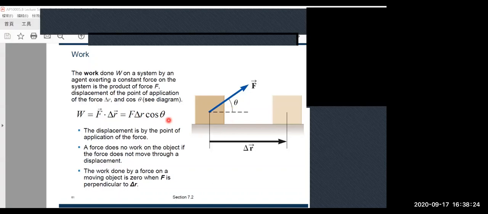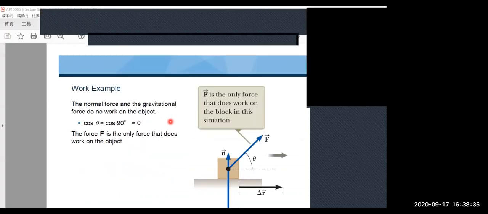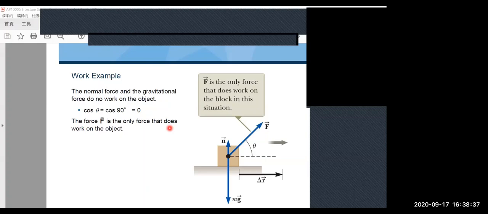So there will be no work done in that situation. So that is the scenario: if the force is perpendicular to the displacement, then there is no work done.